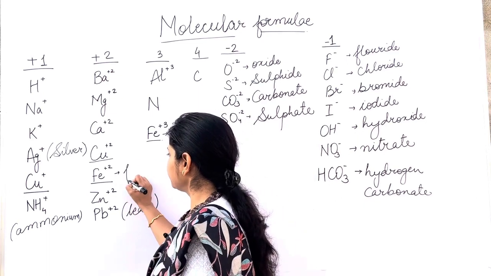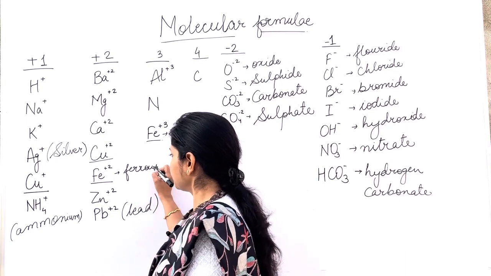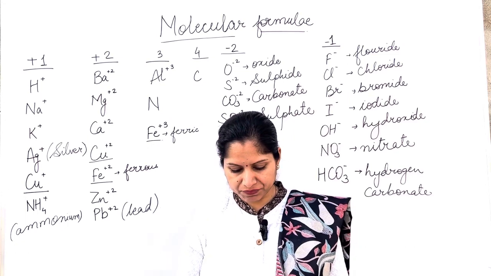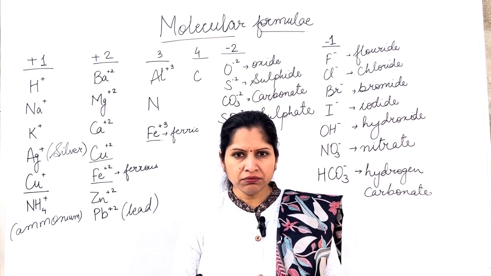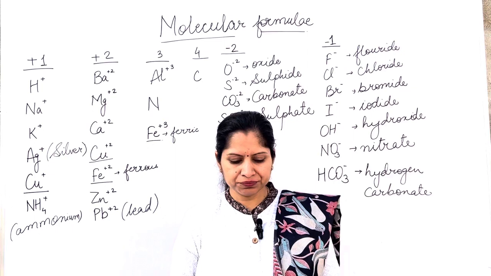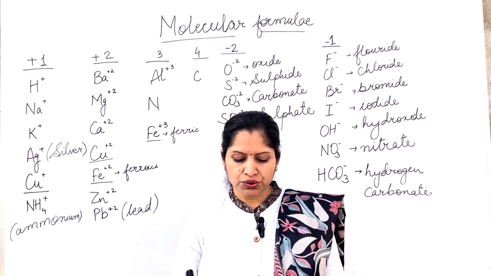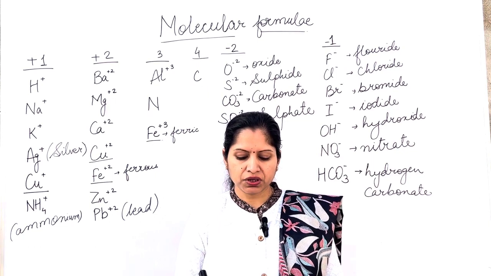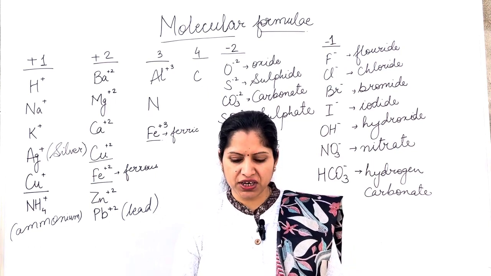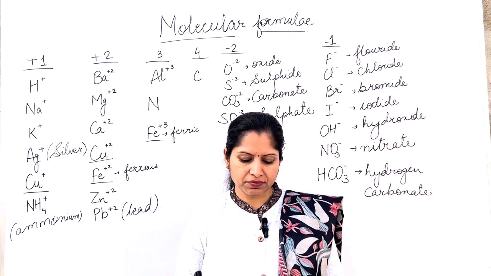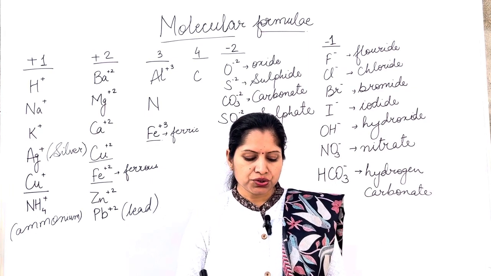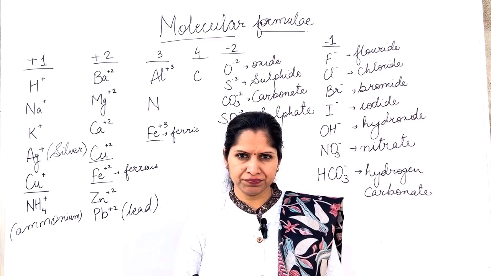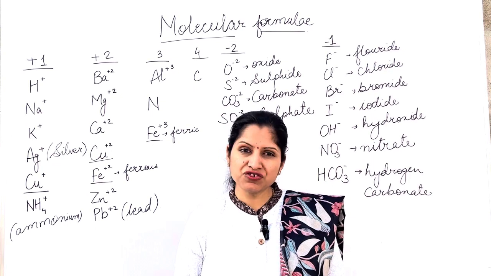Write it down. 21, lead oxide. 22, silver chloride. 23, lead nitrate. 24, carbon chloride. Actually, it's called carbon tetrachloride.